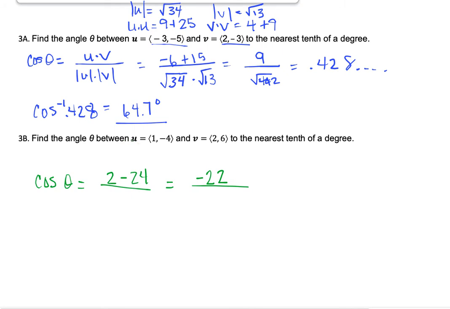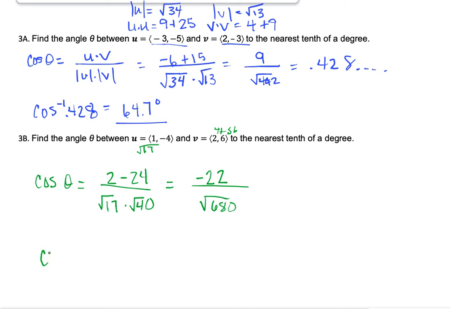And then I need the magnitude of u and the magnitude of v. So I will find the dot product of u on itself, which is going to be 1 plus 16, or 17, and we just need the square root of that. And this will be 4 plus 36, or the square root of 40. And then we're going to go ahead and simplify a little bit. I'm going to throw that into my calculator. Remember, I will need to use inverse cosine.